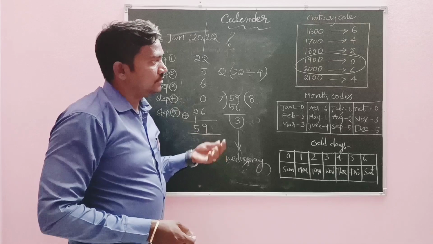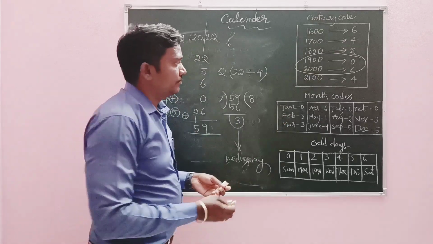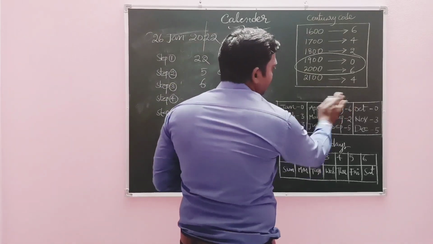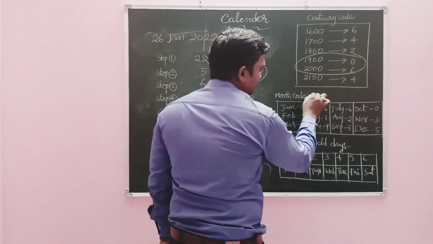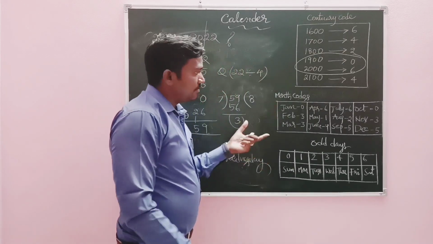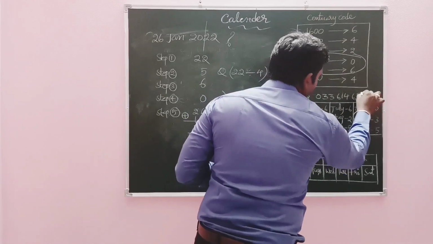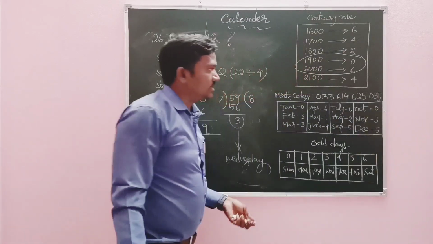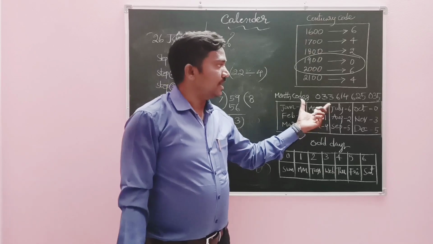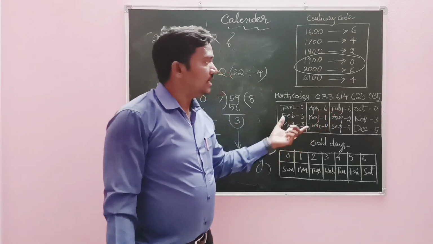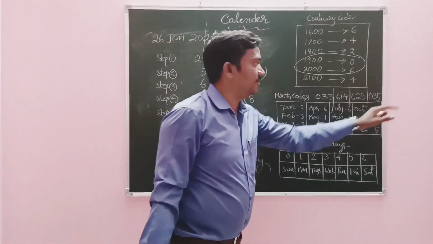Now I will tell you one more shortcut for month codes. Remember the month codes like a mobile number. If you remember it like a mobile number, we can easily remember the month codes: 033 614 625 035.